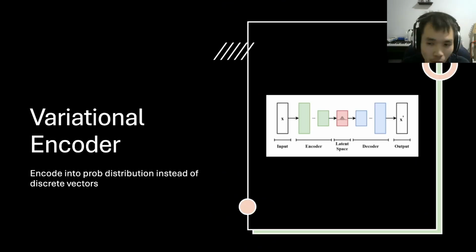Now we can talk about the variational encoder architecture. It's pretty similar to the autoencoder, except the latent space is the only difference. Instead of discrete values, it uses continuous probabilities of values.